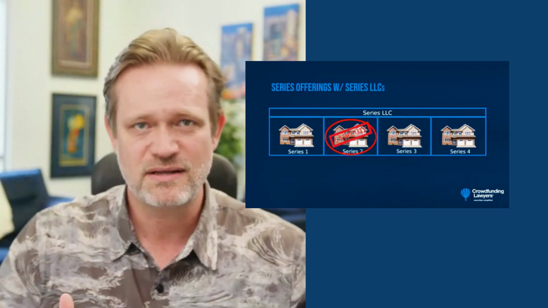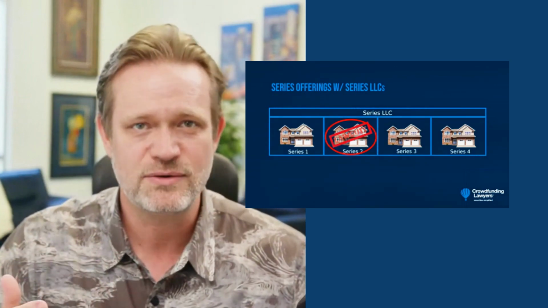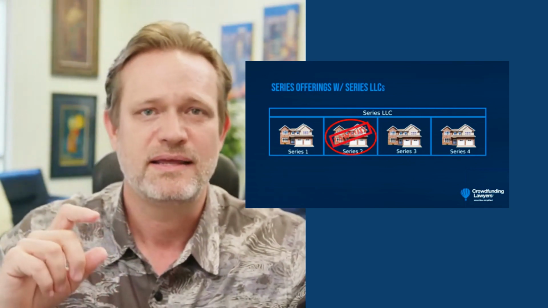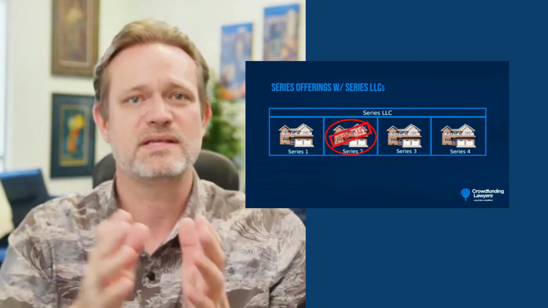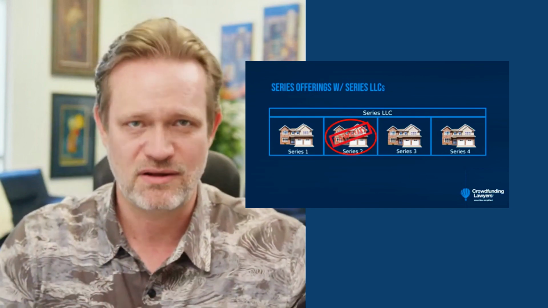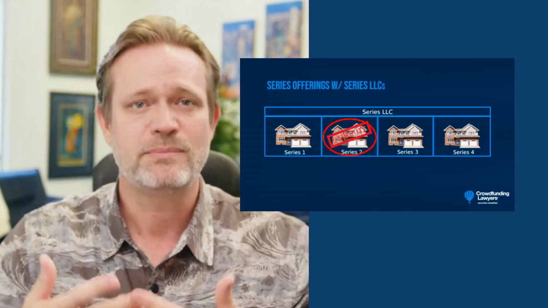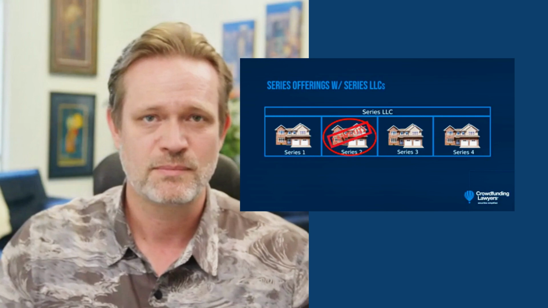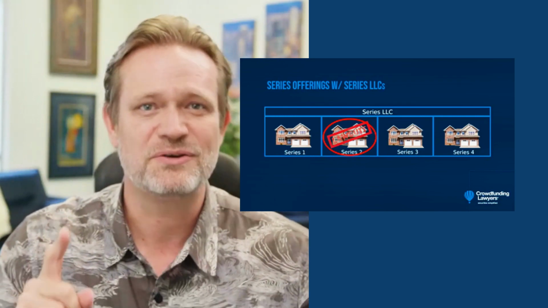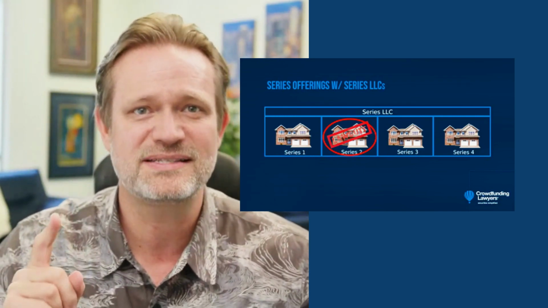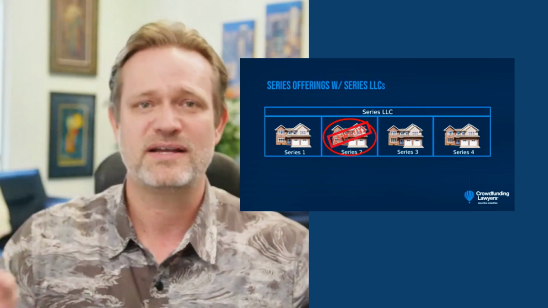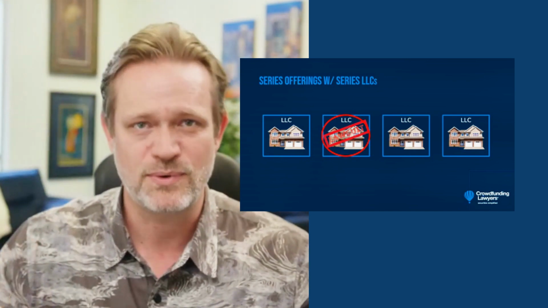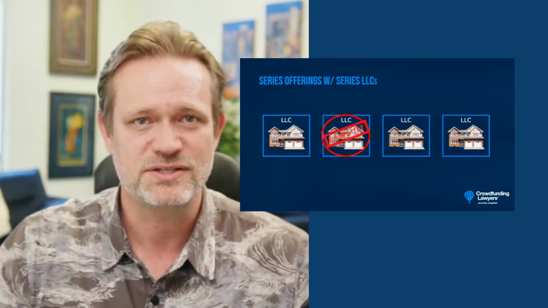With the series LLC and the series funds, because each series is segmented one against the other, and under state law everyone is treated from an asset protection perspective like its own LLC, that one lawsuit can only reach the assets of that one series. It can't affect any of the other ones. They're separated, giving you additional protection.